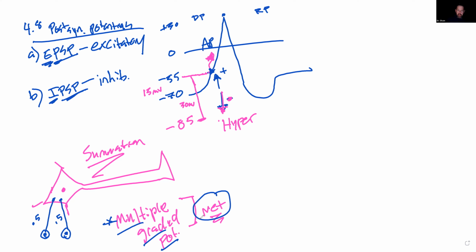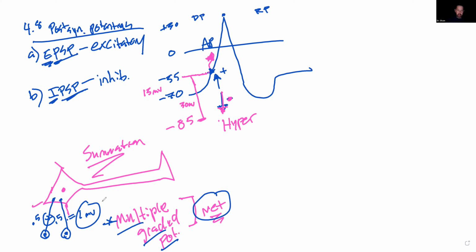So this cell body is not just getting 0.5 millivolts from each independently. It's the net effect of the two together. So these two would be 0.5 plus 0.5, which would equal 1 millivolt. So the net effect of these multiple graded potentials hitting the cell body is actually 1 millivolt, even though they're 0.5 each. And so that's what I mean when I said that.